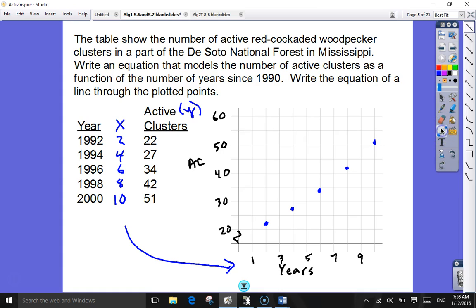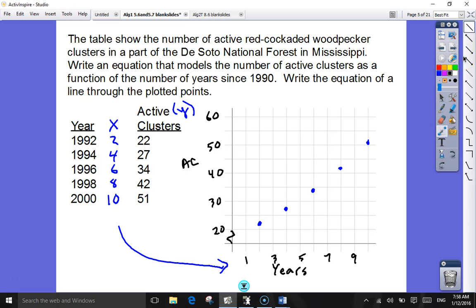Let me draw a line that goes through those points. Let me change the color. Something like that. So does it hit every point exactly?